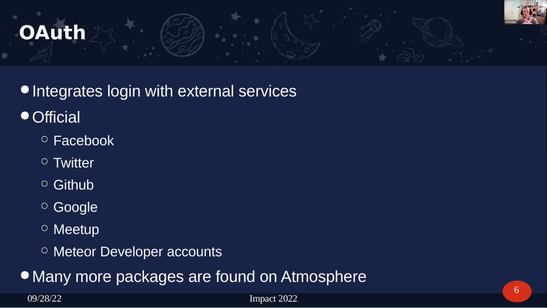You will find many more packages around this flow on Atmosphere as well. So for example, LinkedIn, Line, Microsoft accounts, and so on. One big thing to notice here, which sometimes confuses people, is that this is one-to-one.